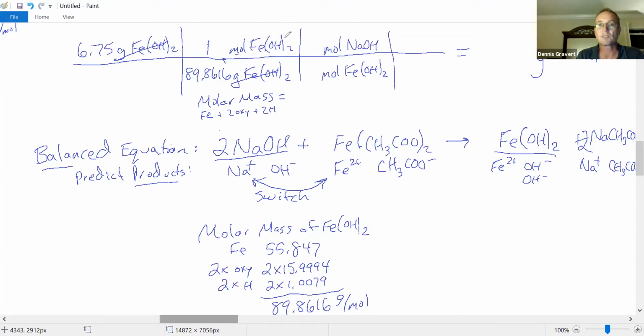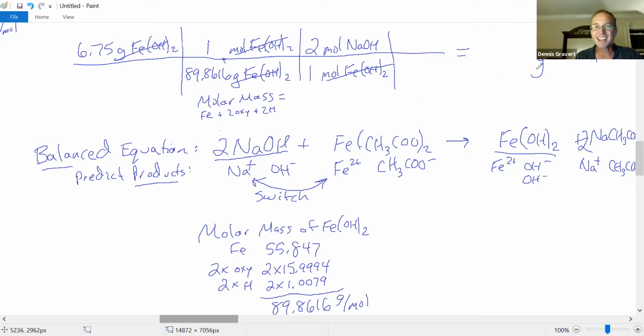Get out of this molecule and into the other one. What's our conversion factor? It's the coefficients in our balanced equation. So in front of the iron hydroxide, there's an invisible 1. And in front of the sodium hydroxide, there's a 2. Yeah, because you need 2 moles of sodium hydroxide to make 1 mole of product.